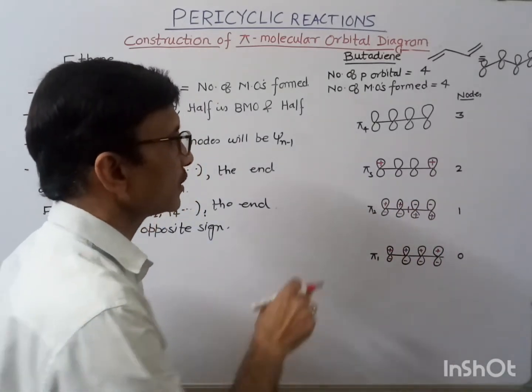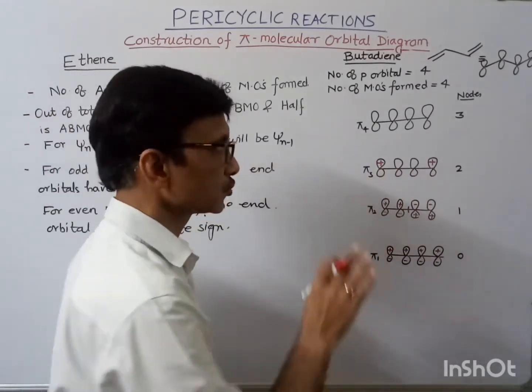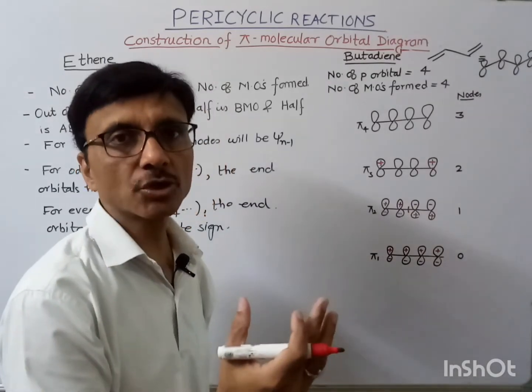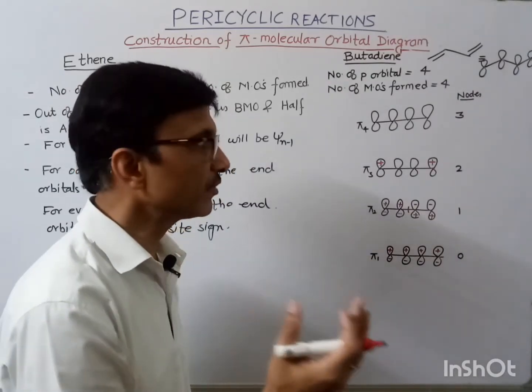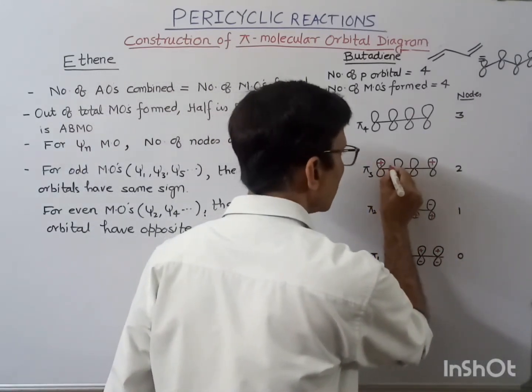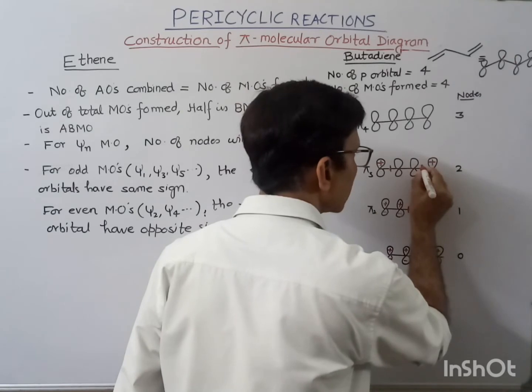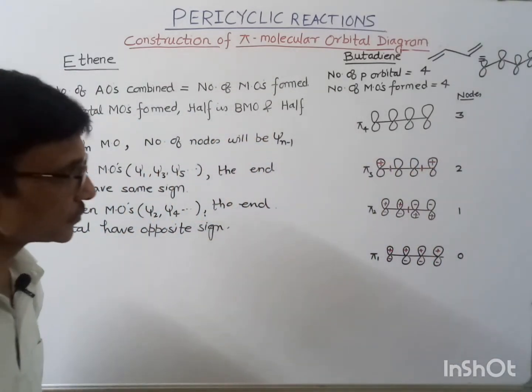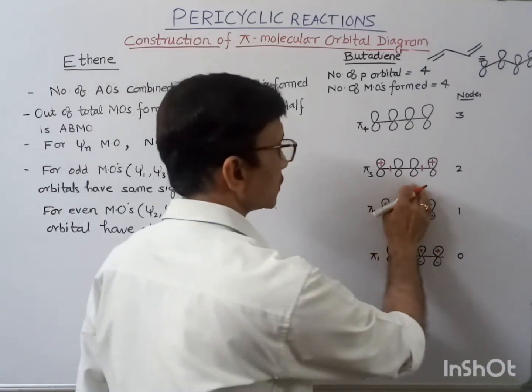So how can we give the nodes over here? I should give 2 nodes, and the distribution of nodes should be symmetric. No doubt the first node should pass from here, and another node should pass from here. These are the 2 nodes.